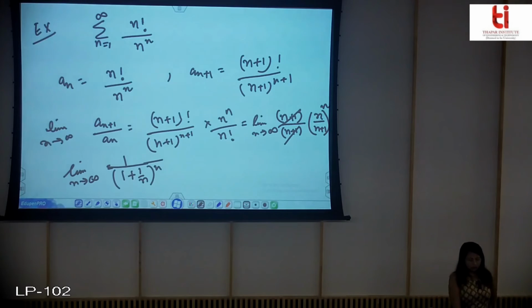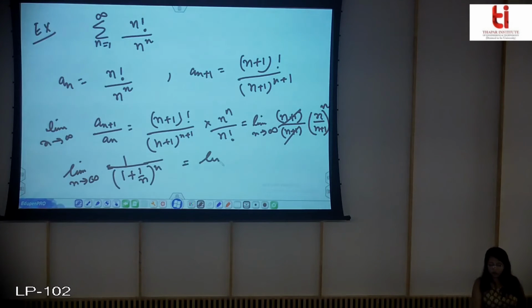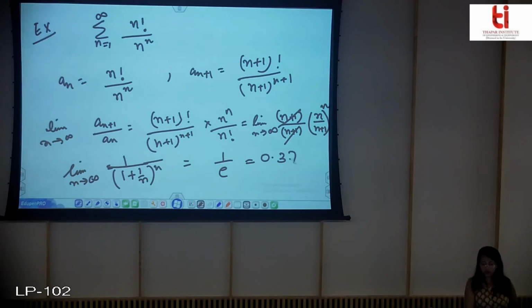So this also gets canceled out, and therefore I am left with the limit as n tends to infinity of 1 by (1 + 1/n)^n. Now you already know how to find the limit of this. So this limit as n tends to infinity will be equal to 1 by e. So this value will be approximately 0.37, which is less than 1. So what will you conclude from the ratio test?